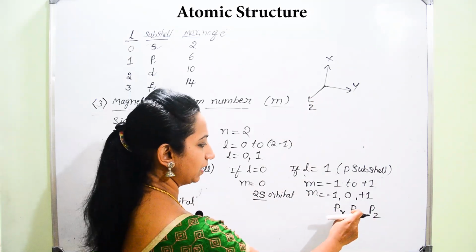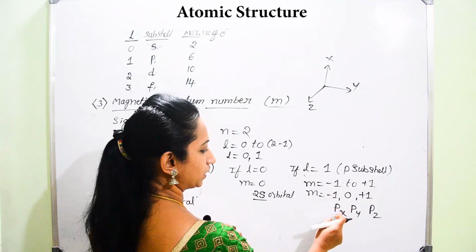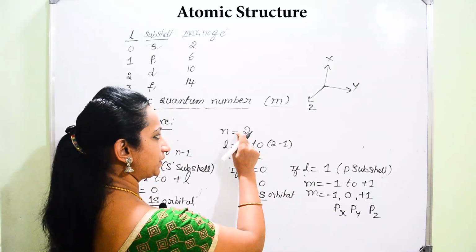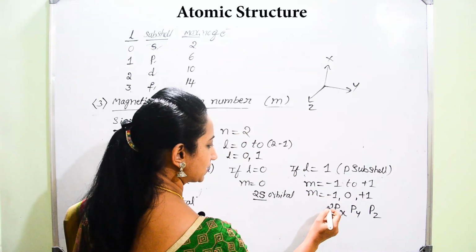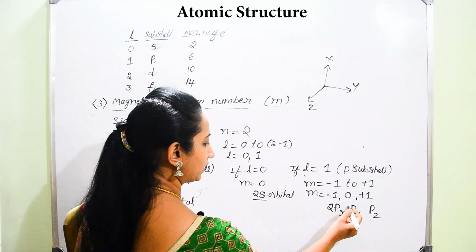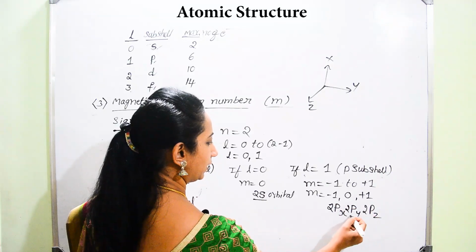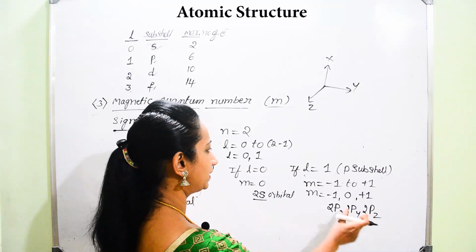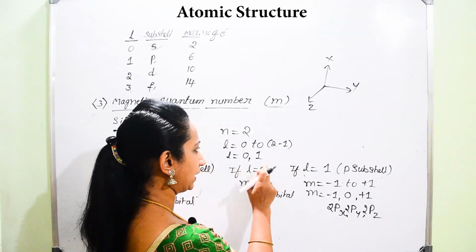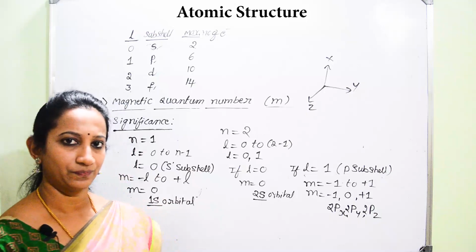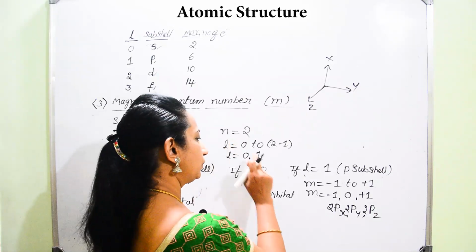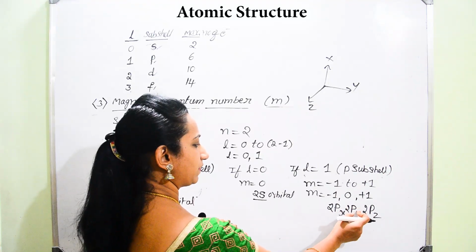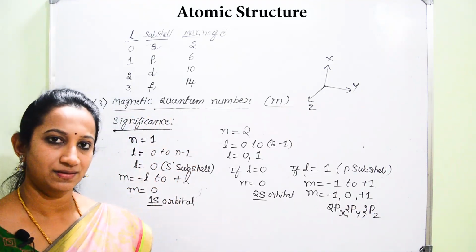Now there are 3 orbitals present in the P subshell. Of course, if they ask for naming the orbitals, which energy level does it belong to? Second energy level. Hence we can write 2px, 2py and 2pz. These are the representations of the orbitals based on the given n value and L value. If n is equal to 2 and L is equal to 1, it is representing the Px, Py and Pz orbitals.